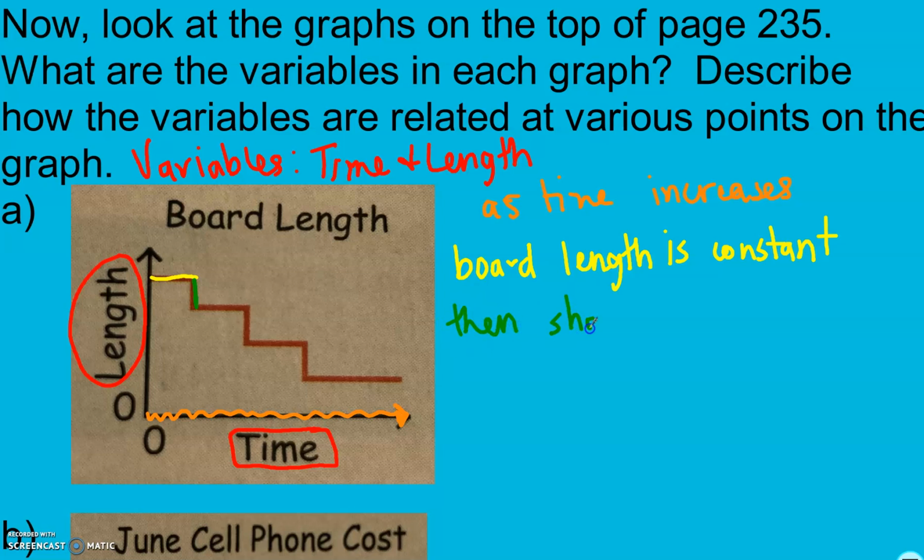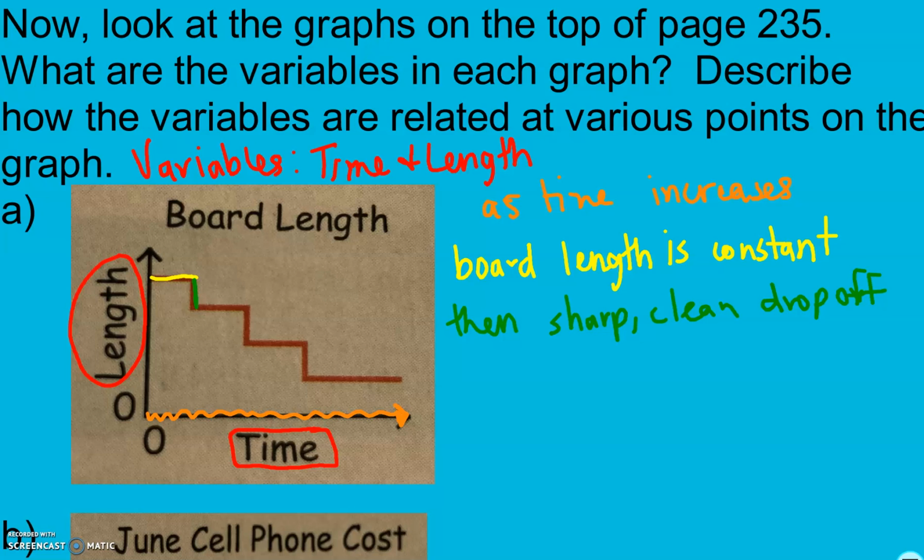So sharp, clean drop off. And that happens when we make a cut into the board. So we use a saw or something, and all of a sudden that piece finally comes off. Now our board is suddenly shorter.